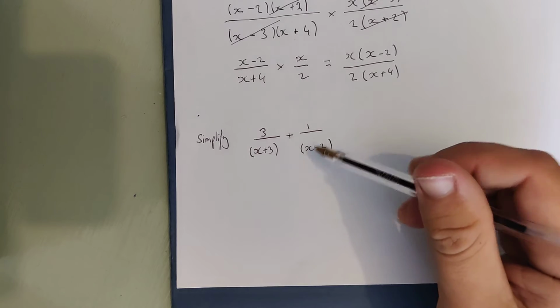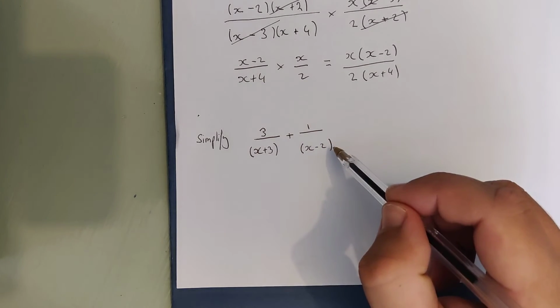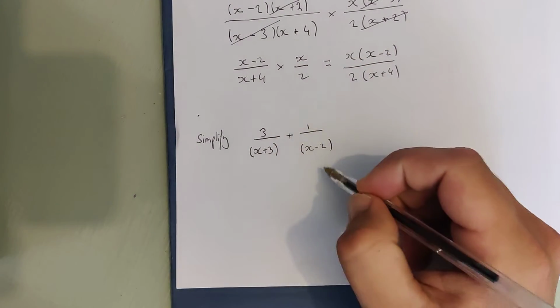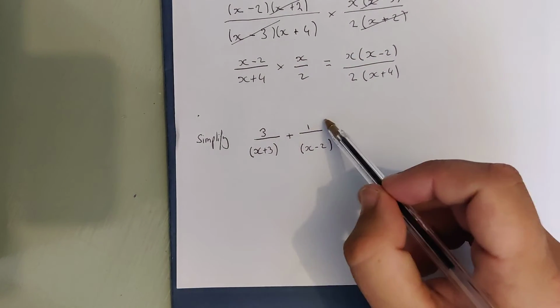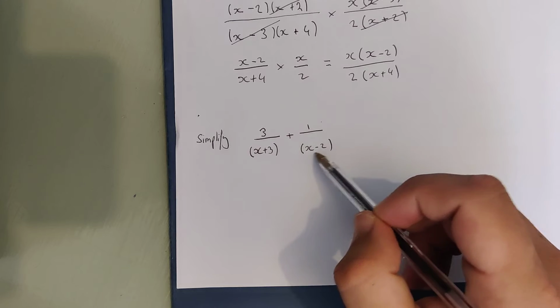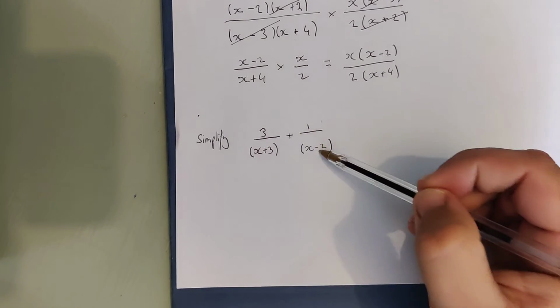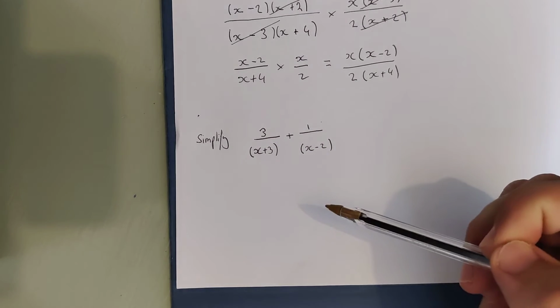Alright, so for adding them, the bottom terms need to all be the same for you to be able to add them together. So what you do is you multiply the 1 by x plus 3 and the x minus 2 by x plus 3, and then you multiply 3 by the x minus 2 and the x plus 3 by the x minus 2.